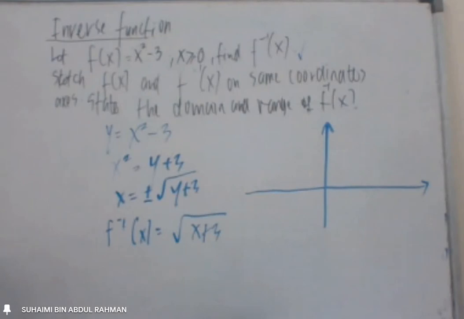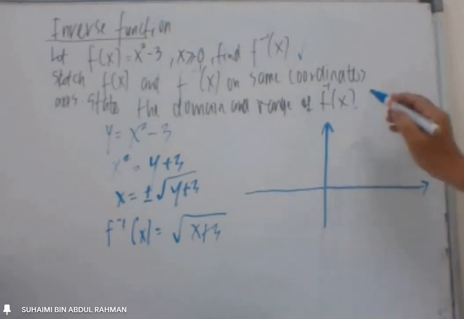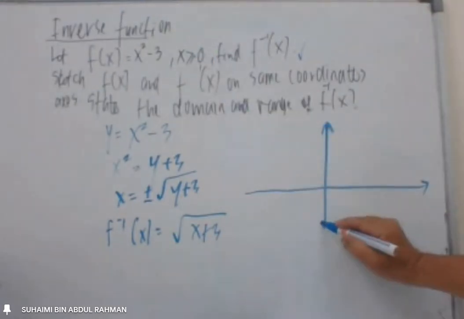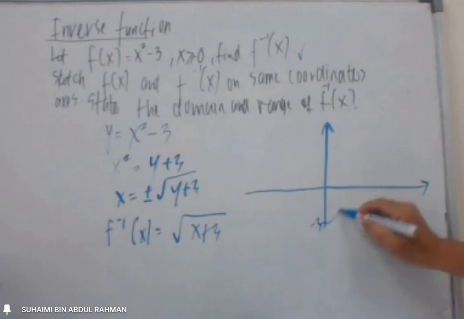Sketch the graph of f(x). The graph of f(x) is the graph of x squared, like this, but it goes down 3 units, so it goes to minus 3 like this.